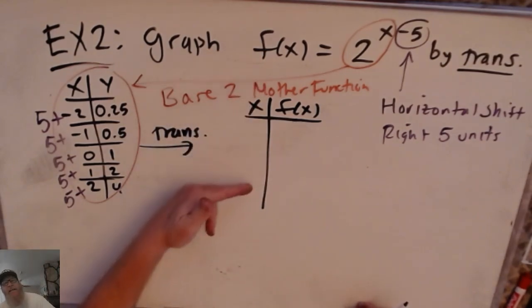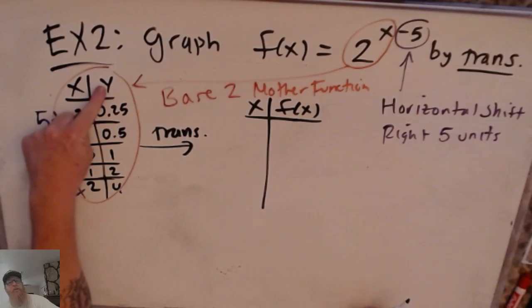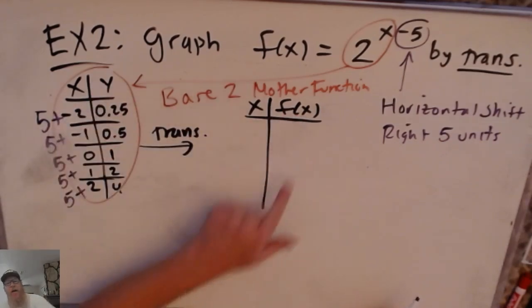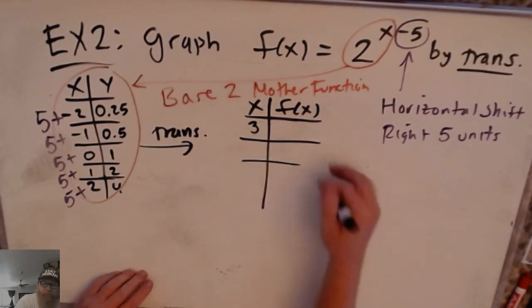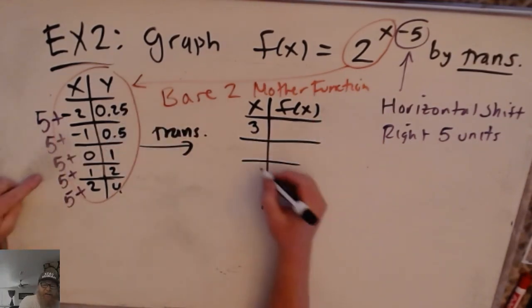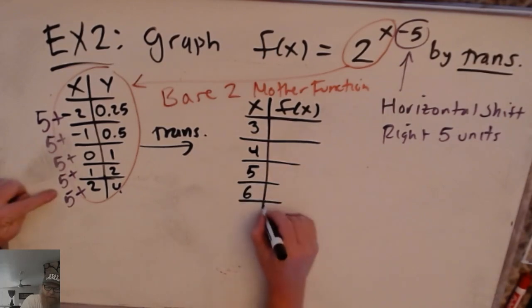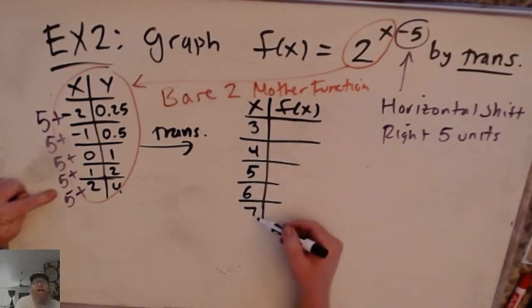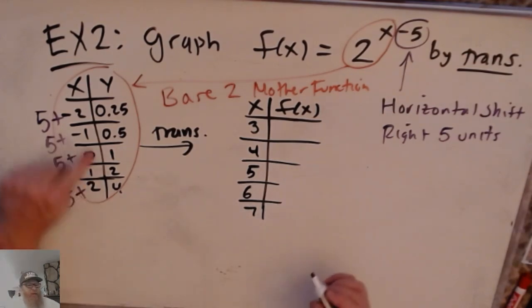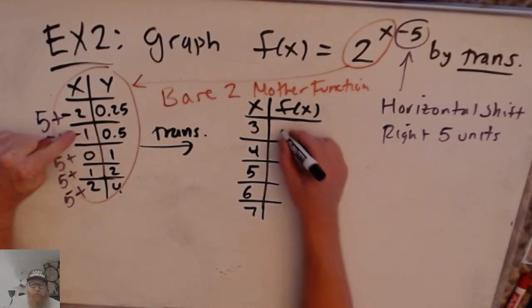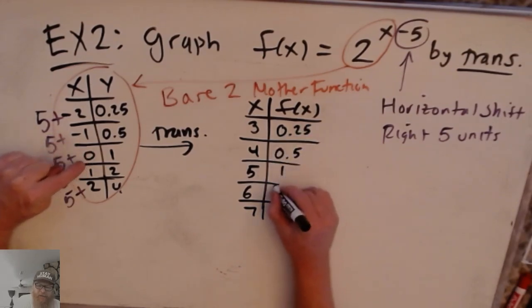This is a little technique that I use. If the function is called f, I don't use the letter f until I'm done, and then that reminds me, okay, I'm done. It's now f. Prior to that, it's just y, and now it's f. So those are all my new x's. It's the old x's all shifted to the right 5 units. Notice I did not transform the y values, so they are exactly the same.